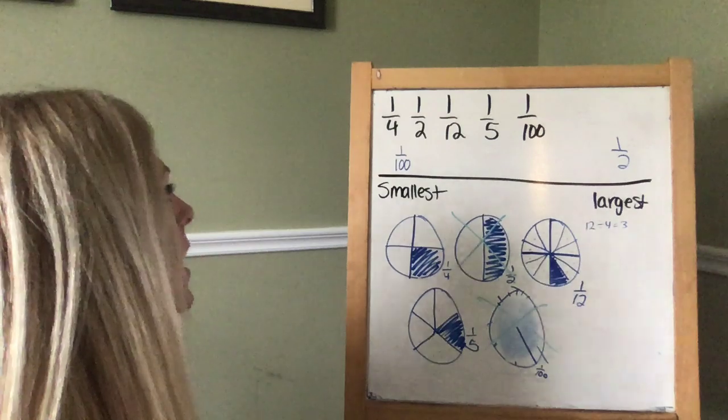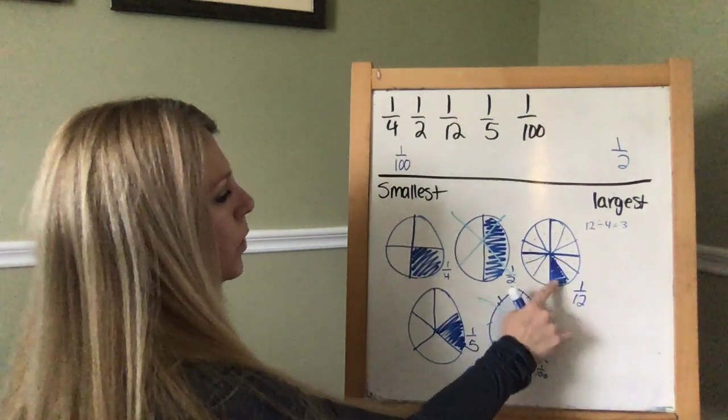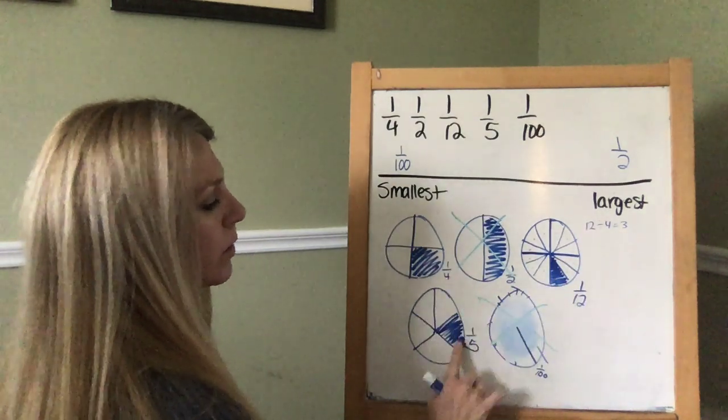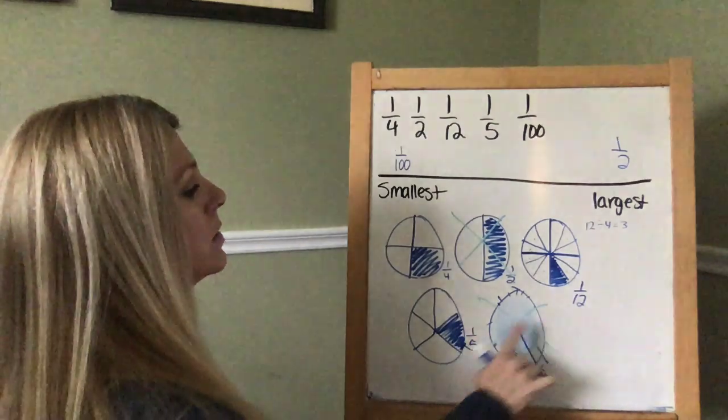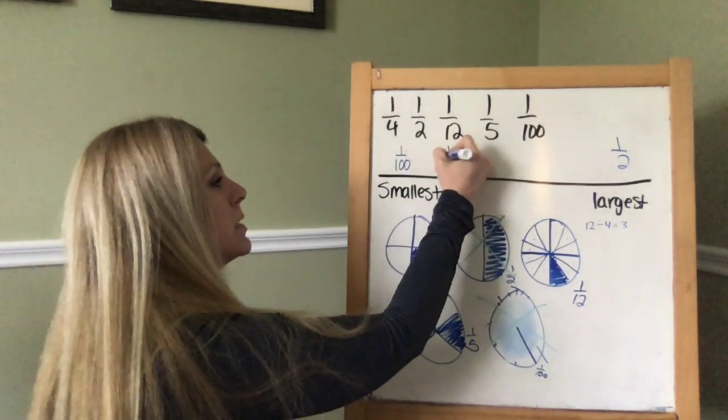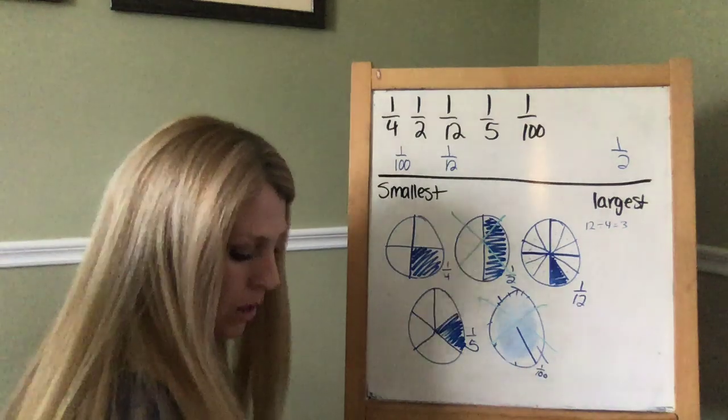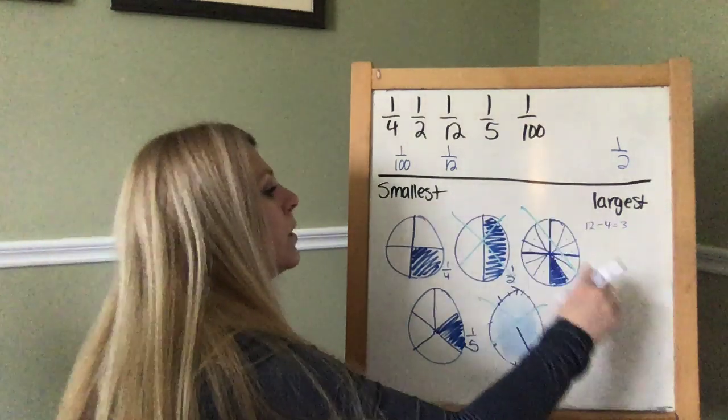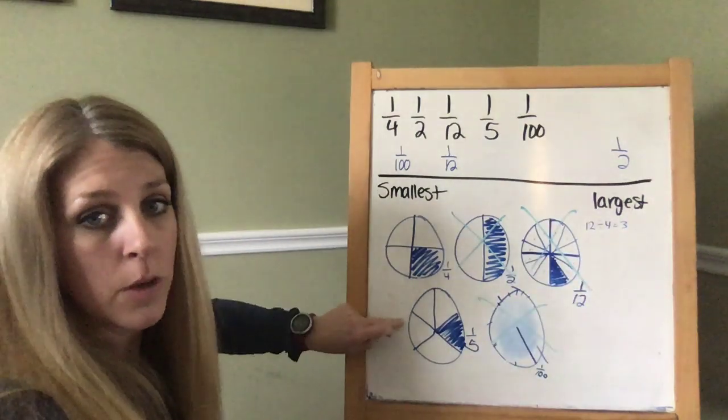Okay, so now I'm thinking what's left. I've got 1/12, I've got 1/4, and I've got 1/5. So I see 1/12 is pretty tiny, so I'm going to put that next. All right, so we got 1/12. So the only things I have left are 1/4 and 1/5.